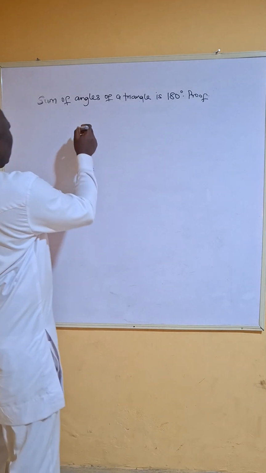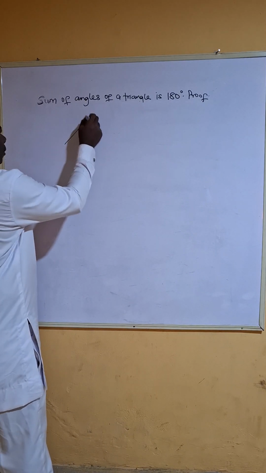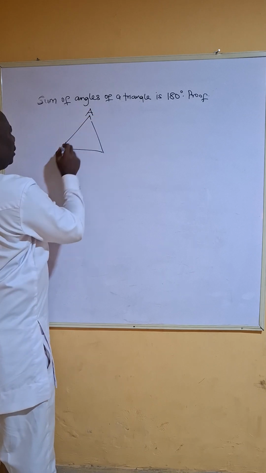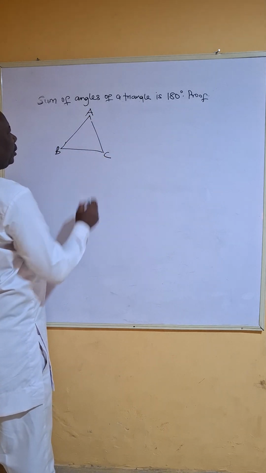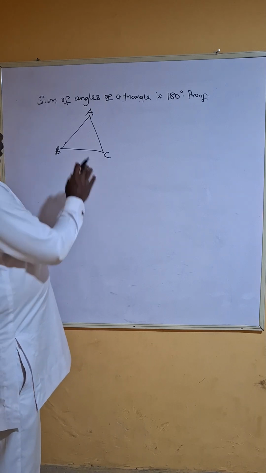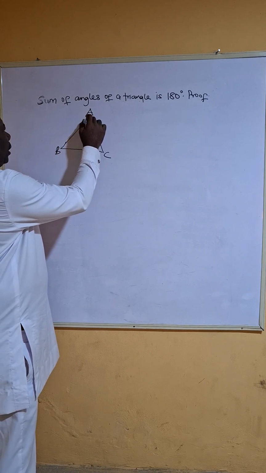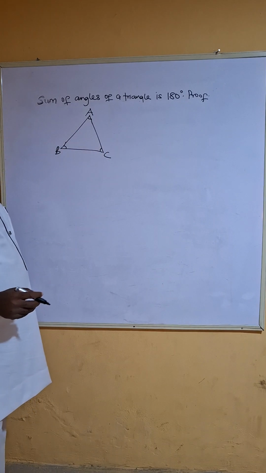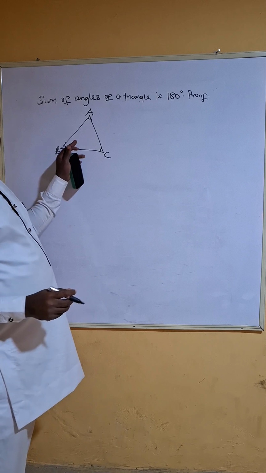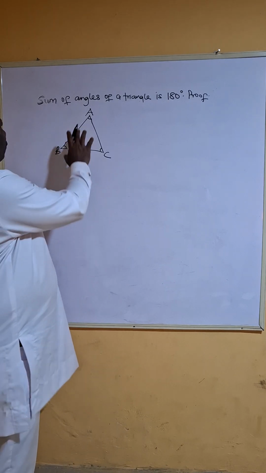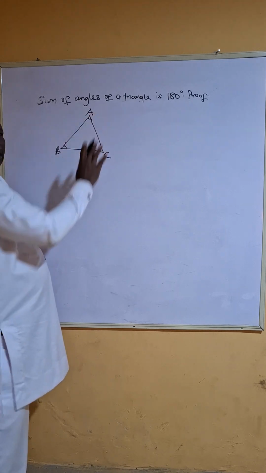Let us assume that you have a triangle like this. Let's say triangle A, B, and C. We can write the angle we are talking about here, this, and this. Different ways of writing the angle. We have 4 different ways of writing the angles that we have here.